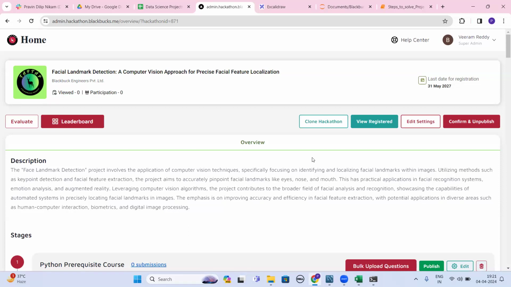Now, after you have understood the brief description of this particular problem statement, let's try to see the Kaggle source over here. You can get some idea about the problem statement. And this will require, I'm thinking, YOLO. You Only Look Once, right? It's an object detection problem.